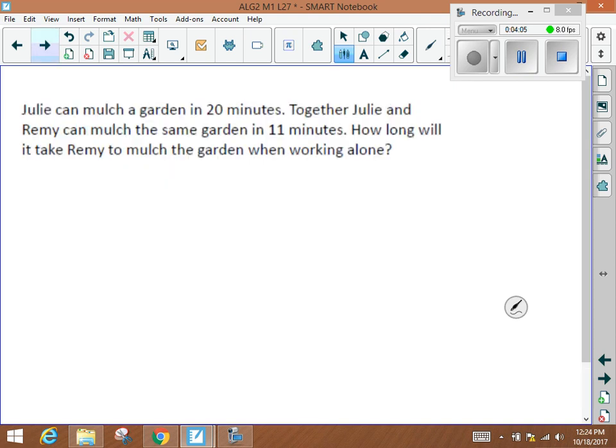Let's do another one. Julie can mulch a garden in 20 minutes because she's quite a woman. Together, Julie and Remy can mulch the same garden in 11 minutes. How long will it take Remy to mulch the garden when working alone? All right, so Julie can do a whole garden, right, in 20 minutes.